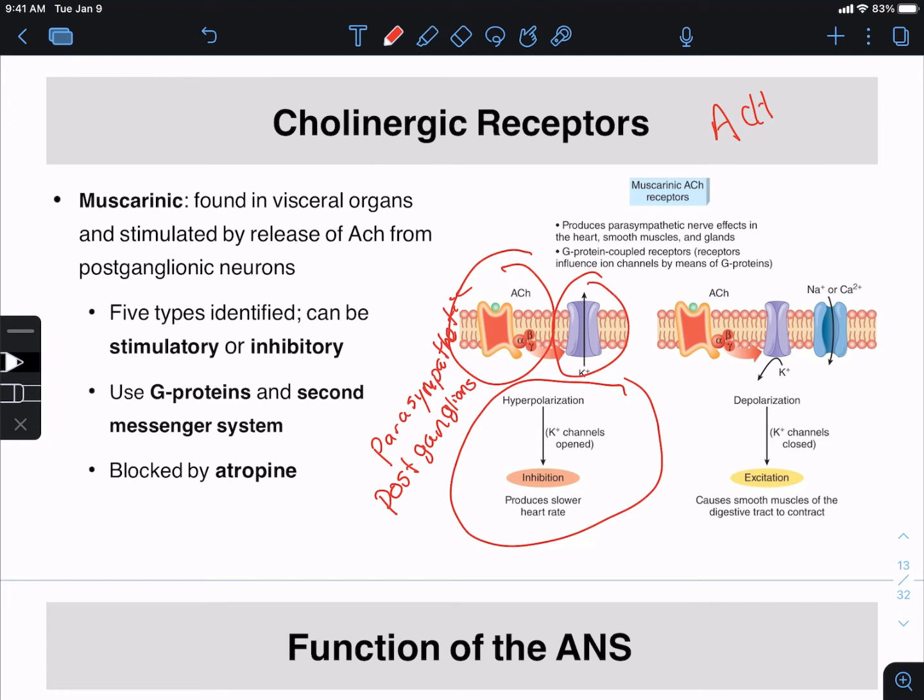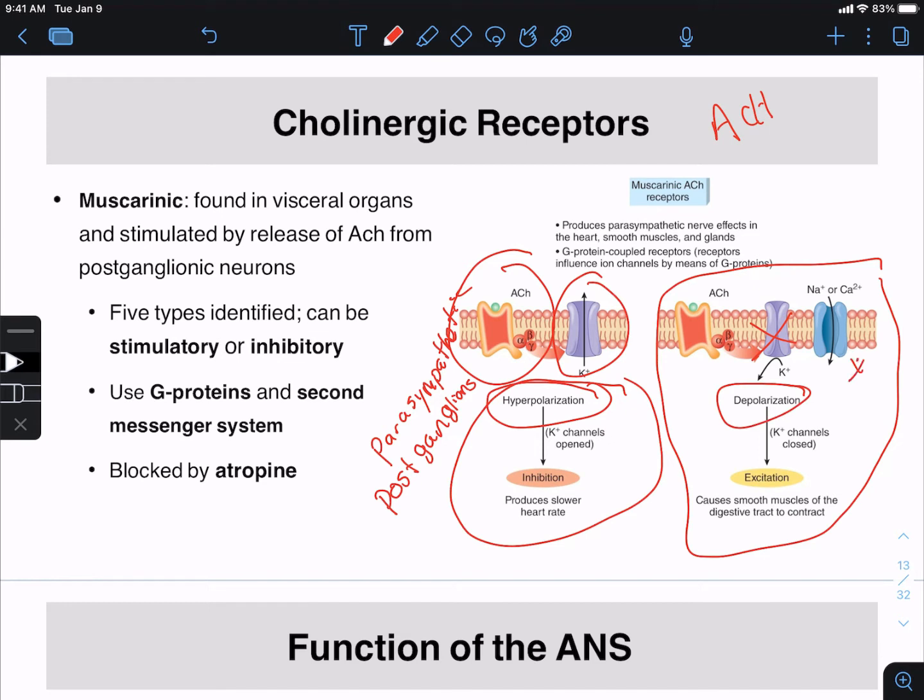And it depends on the neurotransmitter, and it depends on the G protein. Because we can also have the opposite effect. We can have excitation where we actually inhibit this potassium, so we don't get the hyperpolarization. We instead get depolarization because we activate a sodium or potassium channel. What makes a difference? Well, are we doing alpha I? That's the inhibitory one. I didn't really teach you that pathway.